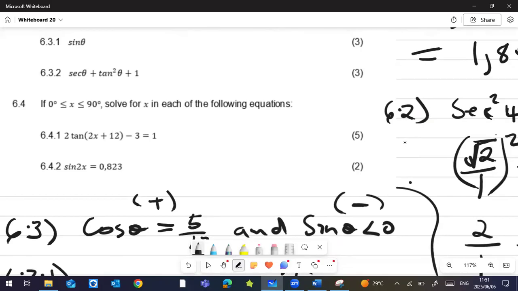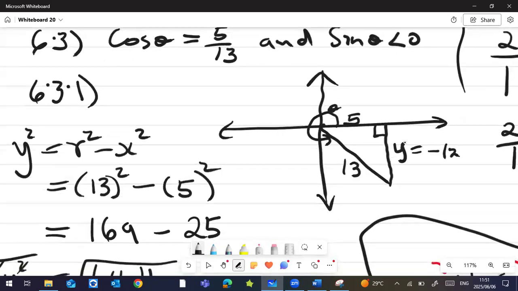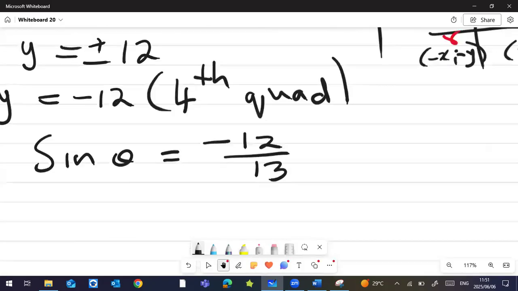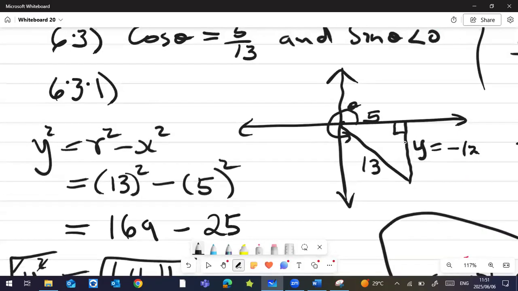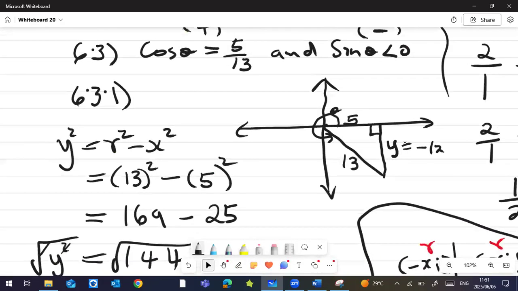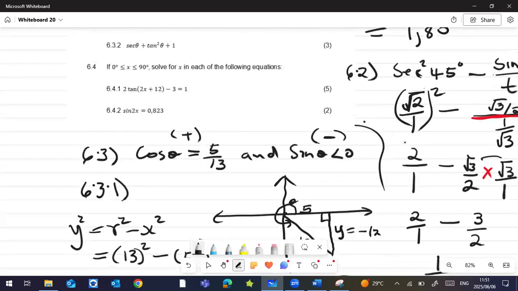So we are going to use our diagram to find the value of secant theta plus tan squared of theta plus 1. Now, let us calculate it together. 6.3.2, we want the value of secant theta plus tan squared of theta plus 1.